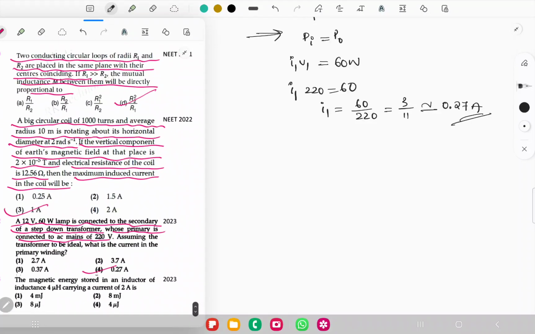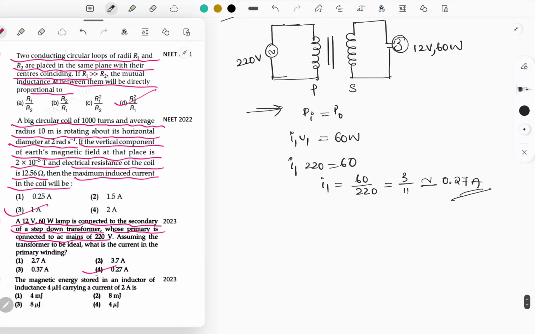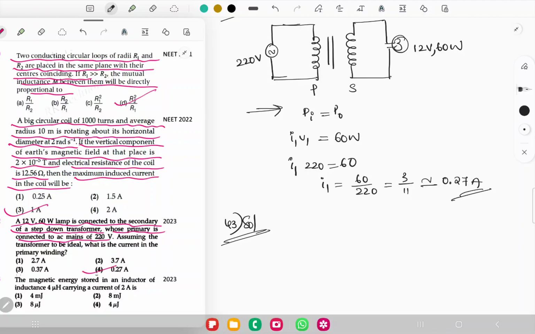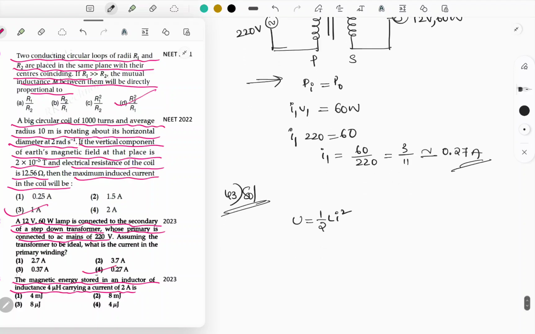Next, last question of this chapter, question number 43. Magnetic energy stored in an inductor of inductance 4 microhenry carrying a current. The formula for magnetic energy is 1 by 2 L I square.